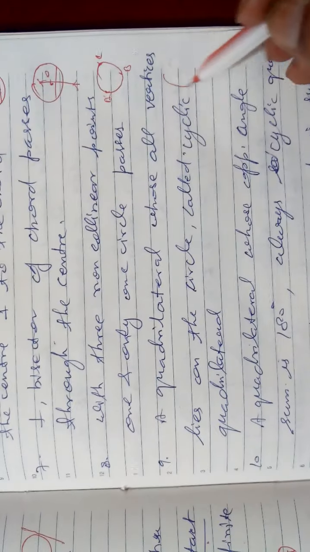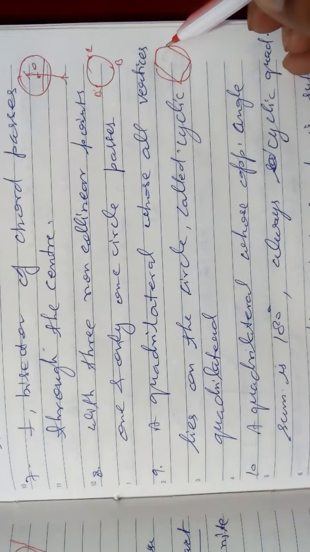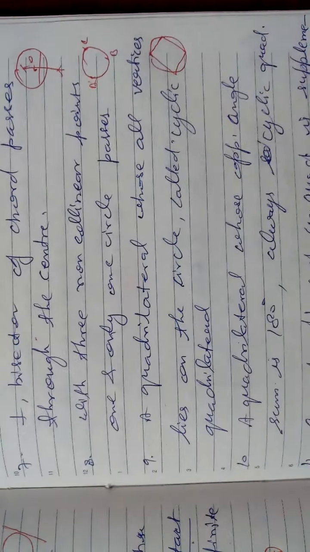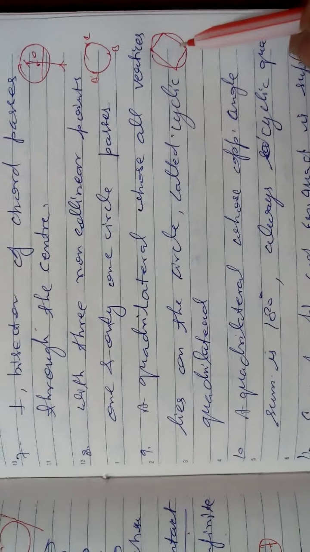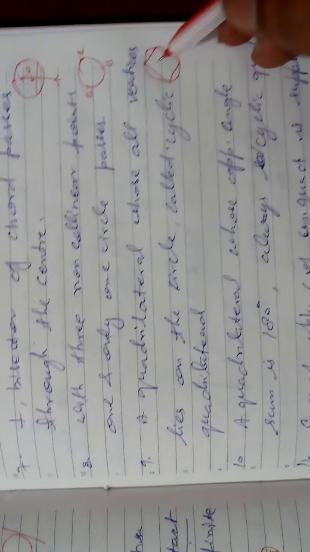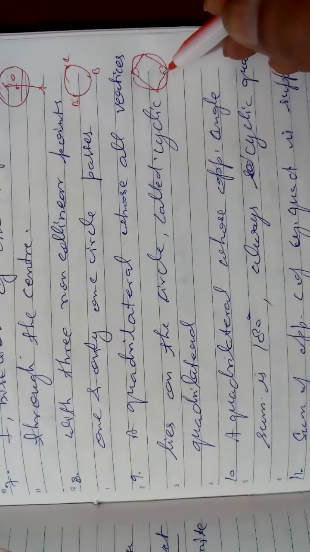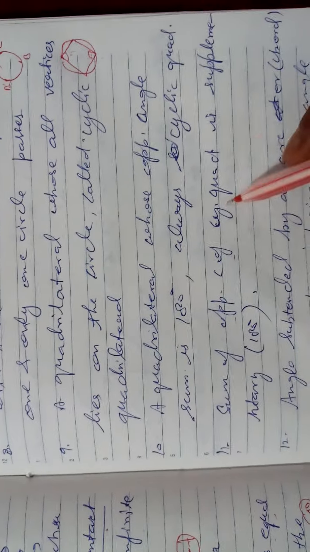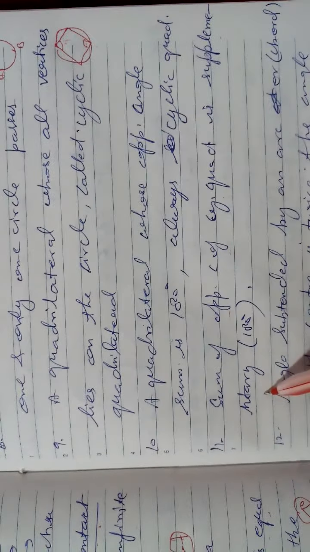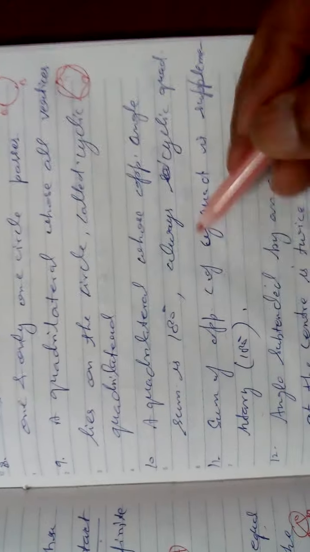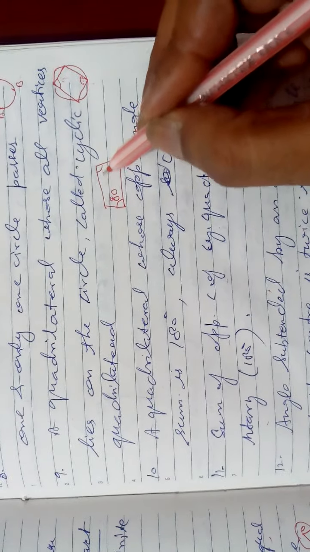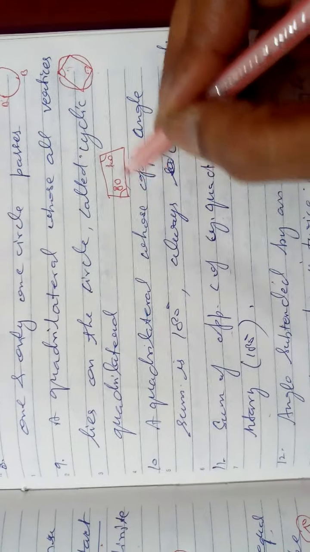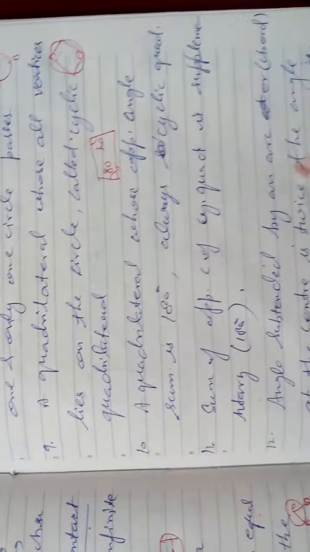A quadrilateral whose vertices all lie on the circle is called a cyclic quadrilateral. The sum of opposite angles of a cyclic quadrilateral is supplementary, 180 degrees. If a quadrilateral has opposite angles 80 degrees and 100 degrees, the sum is 180, so it is cyclic.